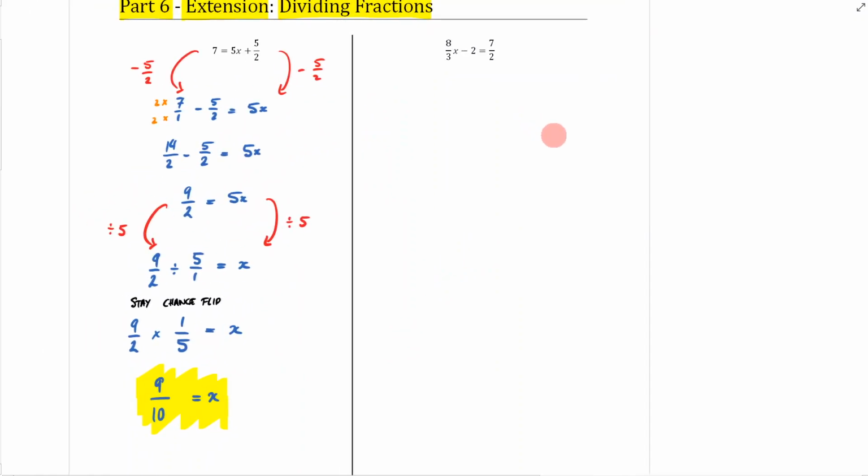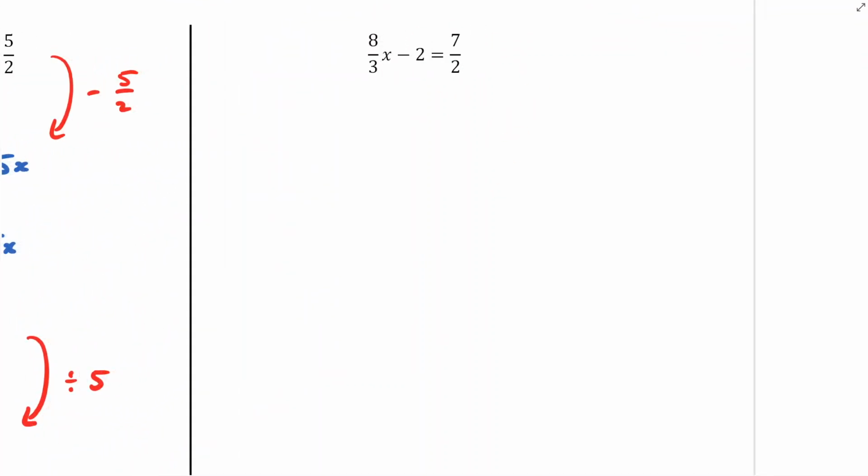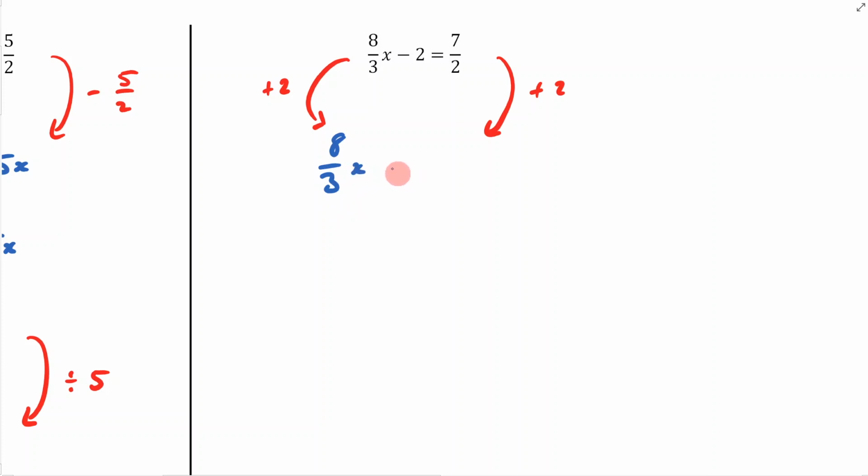So pause the video and give the next one a go. All right, let's come over here now. What I'm going to do here is begin by getting rid of this negative 2, and I'm going to do that by plussing 2 to both sides. And that's going to leave me with 8 on 3x is equal to, now this is 7 on 2 plus 2.